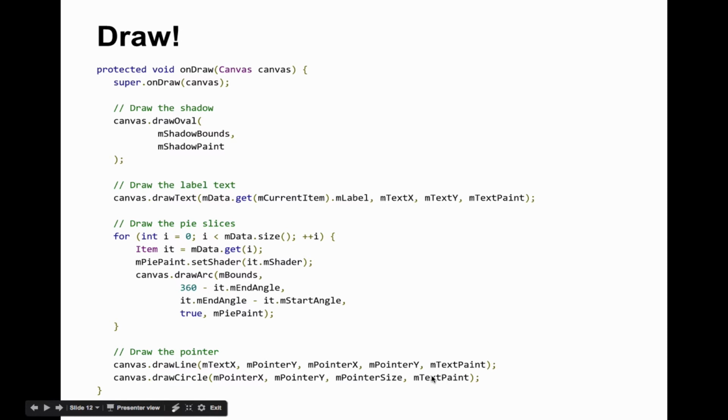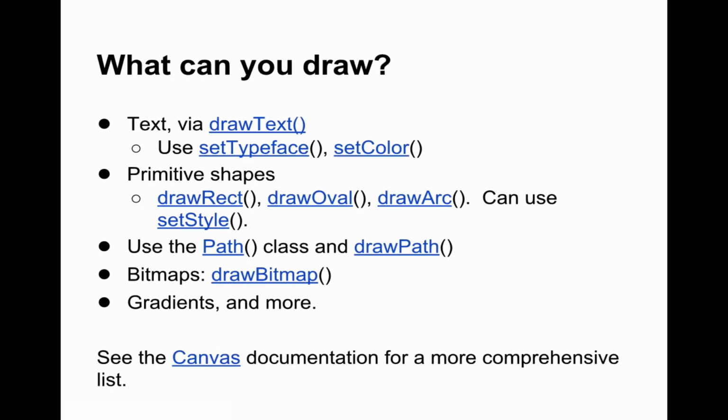I forgot, this is a fake example, essentially. We will see a true example later on. I'm not sure exactly how these things work now; I recycled it from a very old example. So these are some of the things you can do. You can draw paths, bitmaps, and many other things.